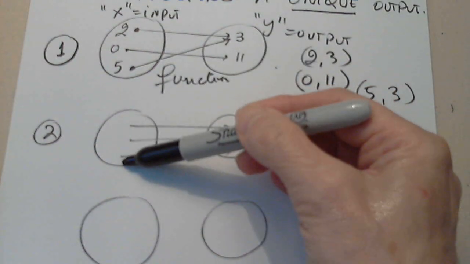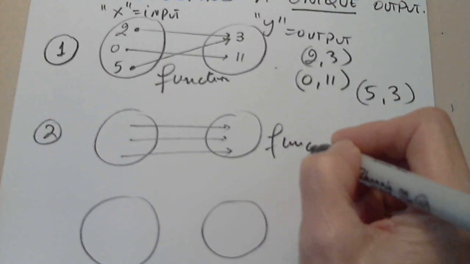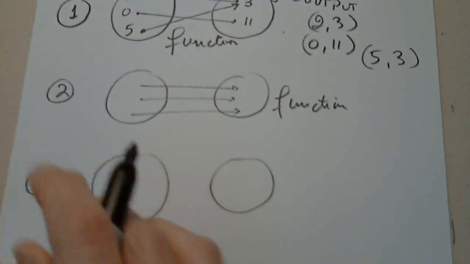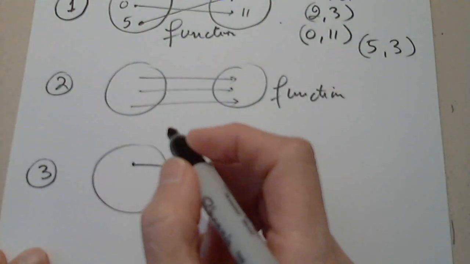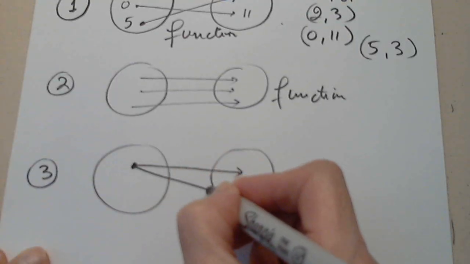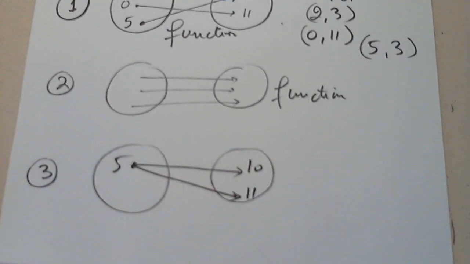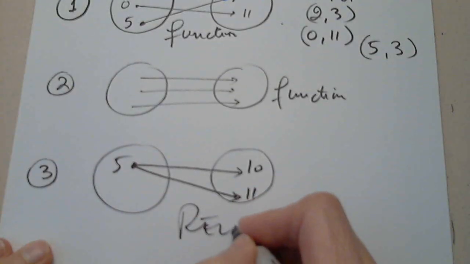To each and every x value, it corresponds to a different y value. This is also a function. But number 3 is a relation. Here's why. 5, 10, 11. And this is a relation.